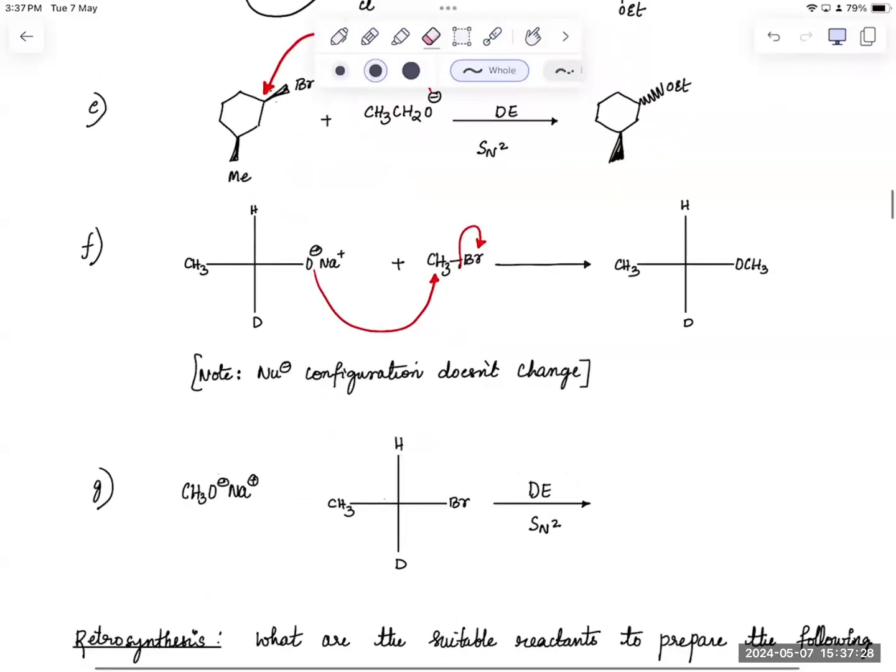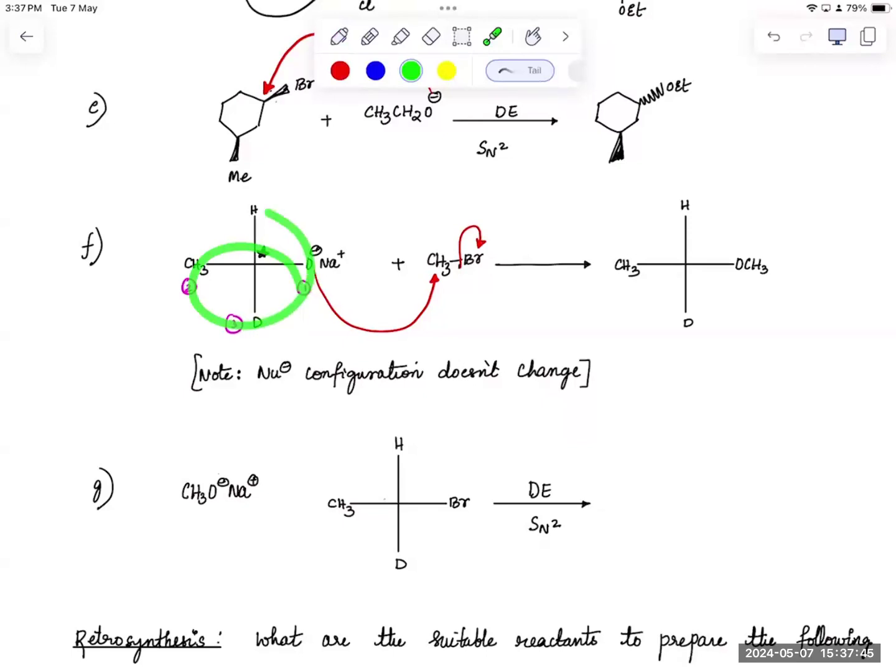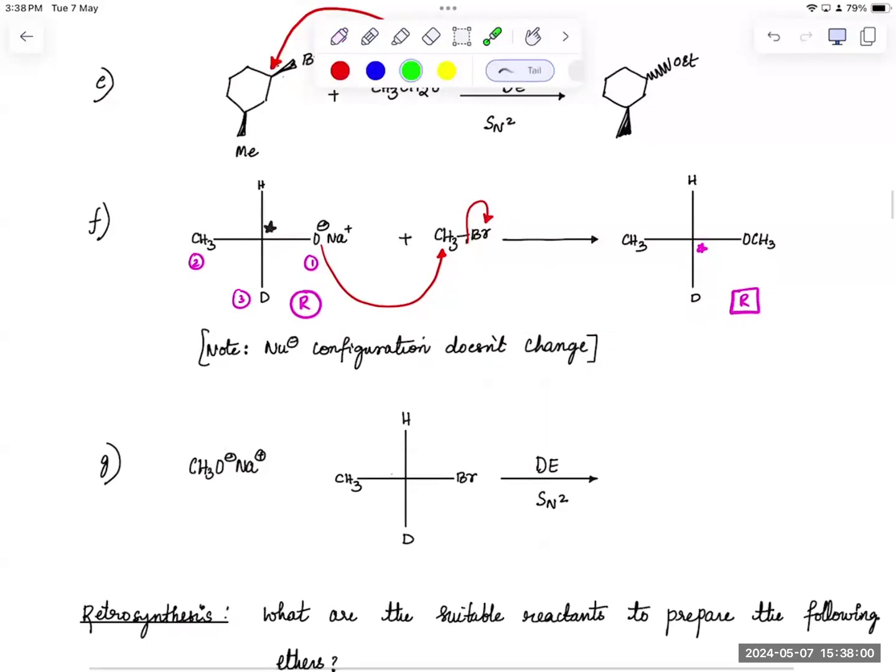Okay. Now notice this one. If there is some configuration of this chiral center, let's say based on the priority group, it is 1, 2, 3, and 4 here like this. So this is in clockwise direction. So clockwise means it is R. I'm saying this chiral center is also R only. Listen, don't think that this is a Walden's inversion.